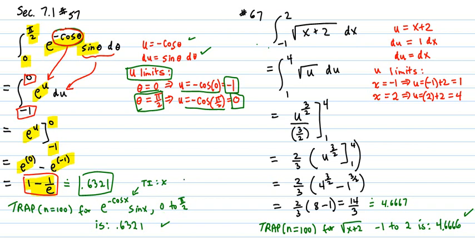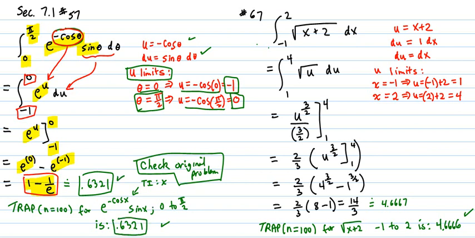So you check on the original problem, not the u part. You run that program, it comes out 0.6321, which matches up very well. So that means that you did the process right and got the right answer.